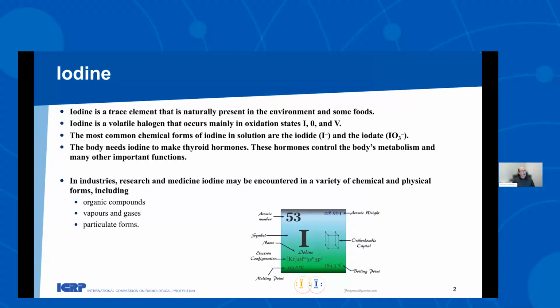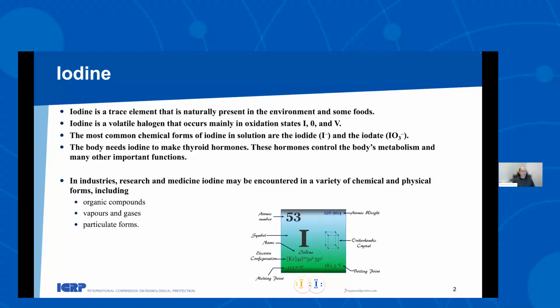So iodine is a trace element that is naturally occurring in the environment and in some foods. It's a volatile halogen, which occurs mainly in oxidation states 1, 0, and 5. The most common chemical forms of iodine in solution are iodide and iodate.